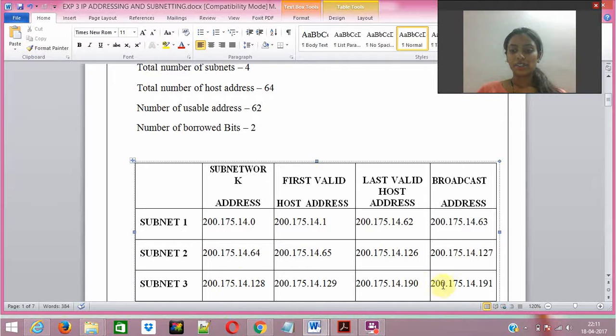That's why the broadcast address here is 200.175.14.191, and the last valid host address is 200.175.14.190. So that's all about IP addressing and subnetting.